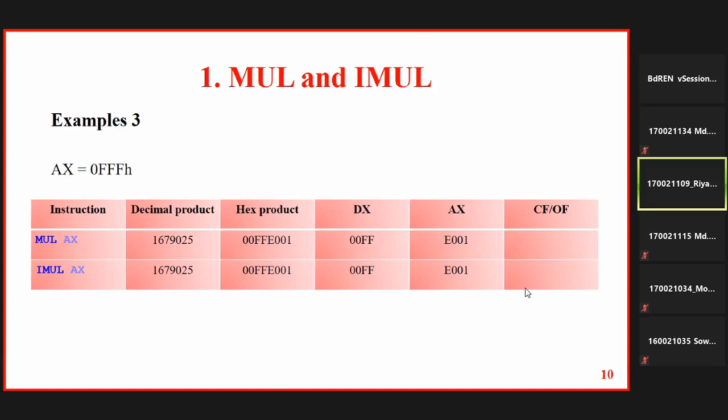It is showing different values for DX. Okay, is that for signed or unsigned, or both the cases? That is for signed. And for the unsigned case, why is it 1? Sir, I forgot that slide for the unsigned case. Okay. So basically that means the upper half is not 0. That is the answer, isn't it? Yes, sir. Can you remember now? Yes, sir. Okay.